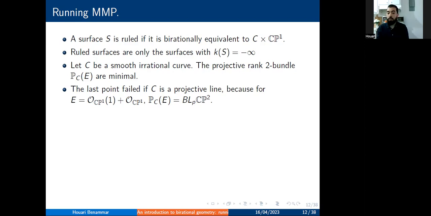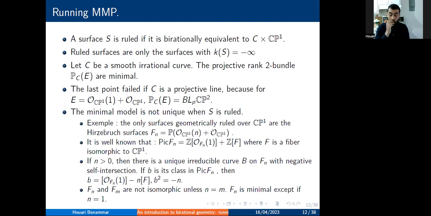And you know that the blow-up of CP2 at a point is not minimal, because the exceptional curve is a -1 curve, right? Because E squared is always equal to -1. So the minimal model is not unique when S is ruled.